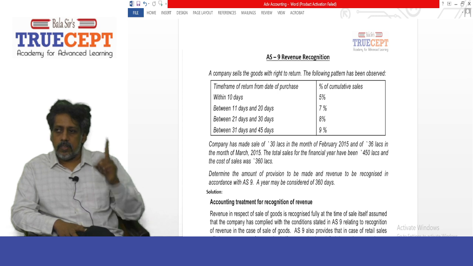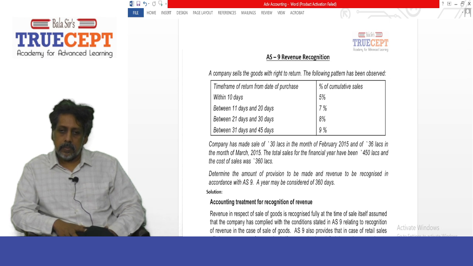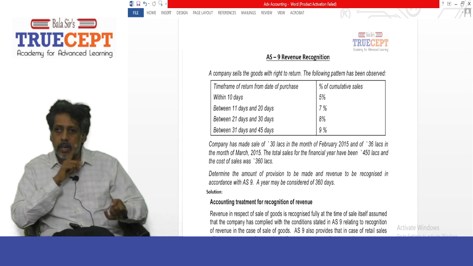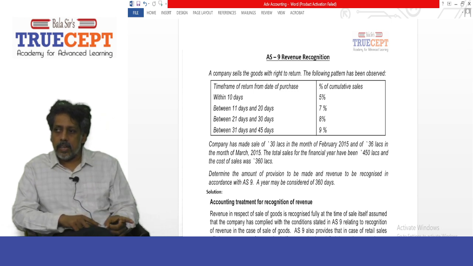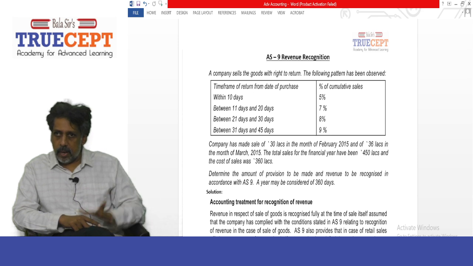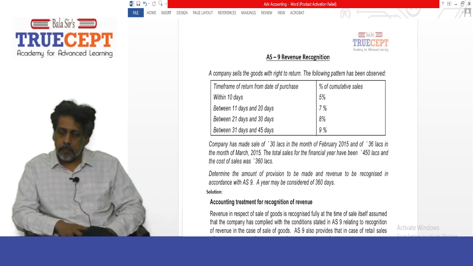They have given the sales for the month of March and Feb. The total sales for the financial year have been 450 lakh and the cost of sales was 360 lakh. Please remember 450 lakh will include this 30 lakh and 36 lakh sold in the last 2 months of that year.